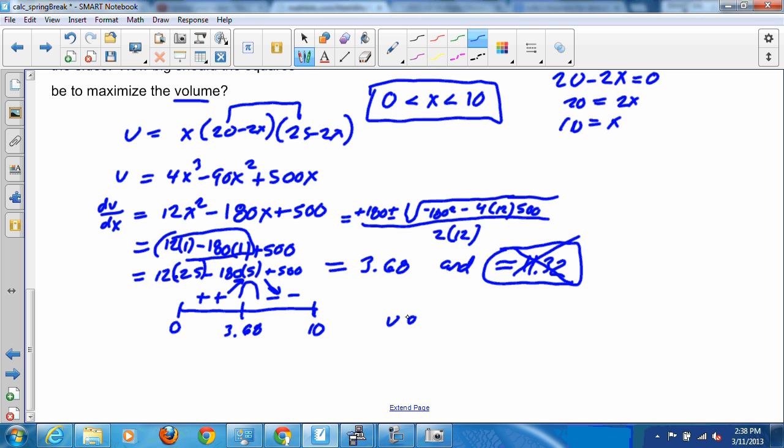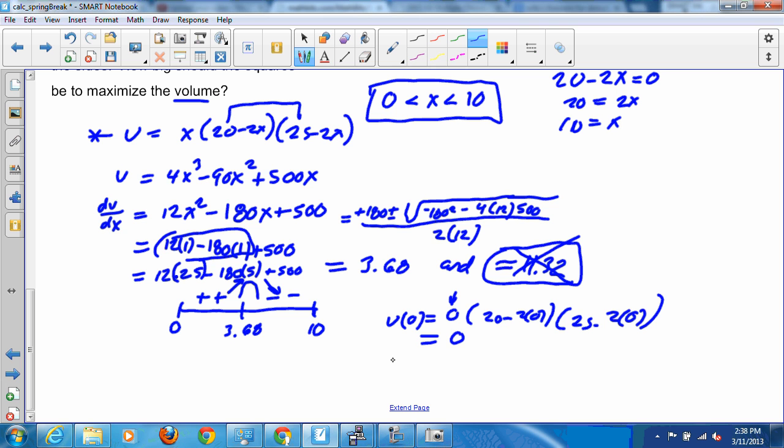Well, to verify this, just to double check, let's go ahead and check the endpoints. The volume at 0, going back to the original equation, of course you'd have 0 times 20 minus 2 times 0 times 25 minus 2 times 0. Well, anything multiplied by that 0 is going to carry out 0 the whole way, right? So clearly, if we make x equal to 0, it's not going to satisfy.